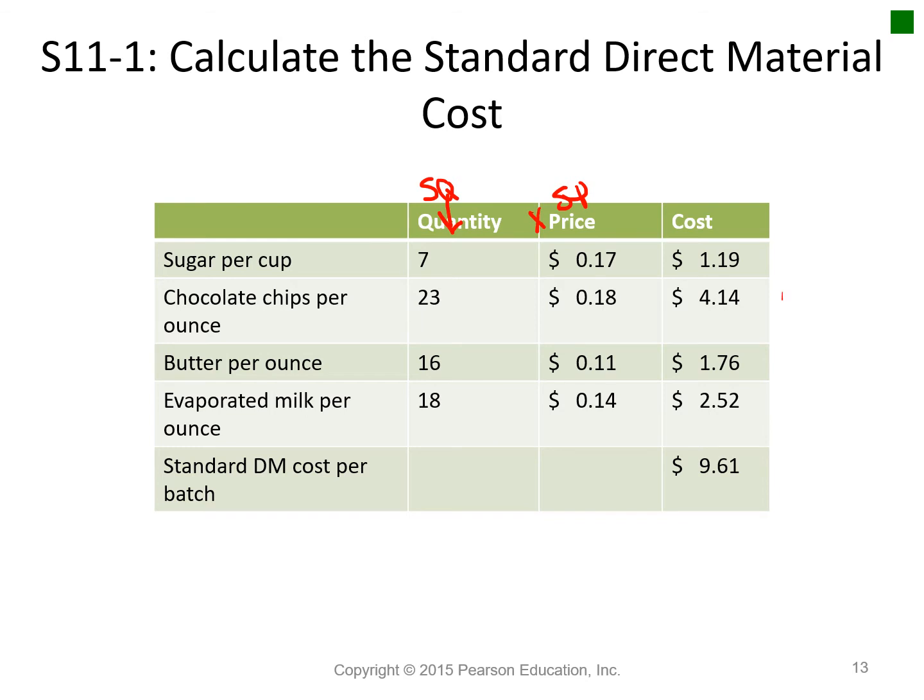Once you've multiplied those individually, you're going to add these together, and the total standard direct material cost is $9.61 per batch. So this is the standard cost in terms of what you think it's going to cost you if you produce a batch. Your goal is always going to be to get the actual cost to beat that $9.61.